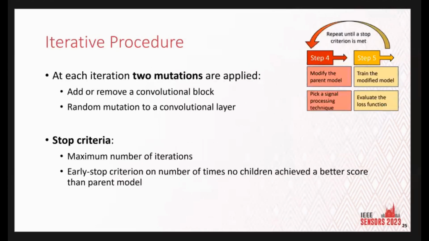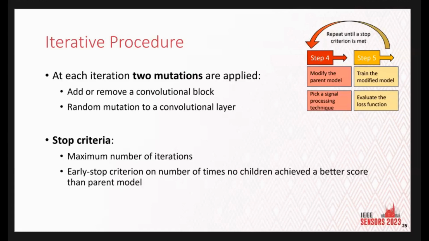For step 4 and step 5, we applied 2 mutations at each iteration. The first was adding or removing a convolutional block, of course putting a limit on the minimum number of blocks the model should have, and also on the maximum number, because if we put, for example, 100, of course it doesn't fit on an embedded device.